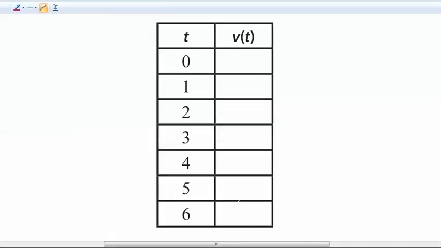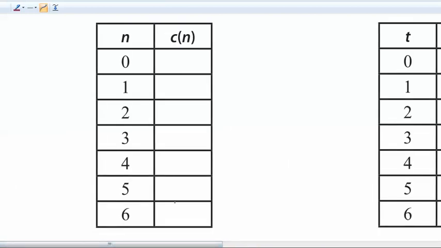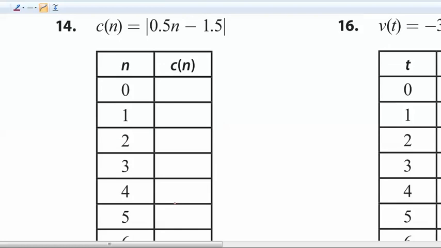Okay, so first of all, you need to complete that table for your function. And in class we talked about creating a double T table. And when I say that, I mean something that looks like this, right?